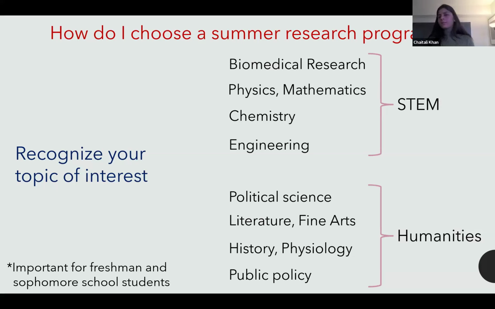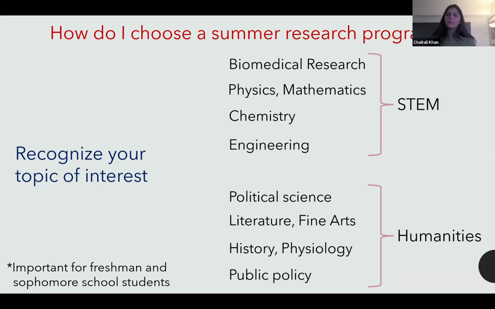So one way is to say, okay, fine, I'm going to do biomedical research, physics, maths. These are STEM topics, but there are other very important topics which come from political science and literature. When you are at school, you could probably be thinking on a broader scale.